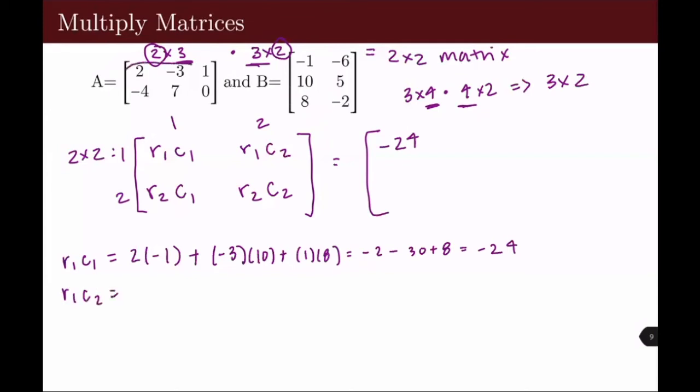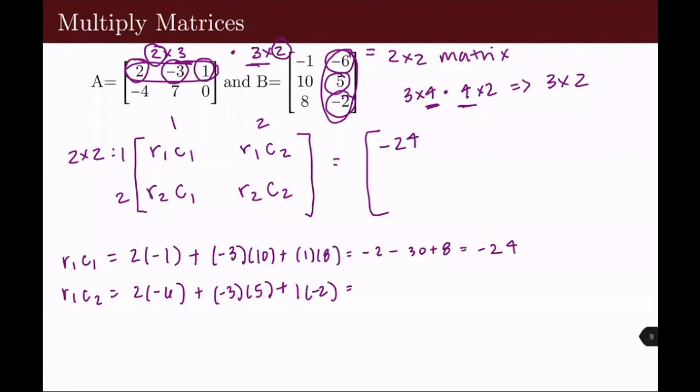So again, we have row 1, but now we have column 2, and we start to match our elements. So that means we'll have 2 multiplied by -6 plus -3 multiplied by 5 plus 1 multiplied by -2.